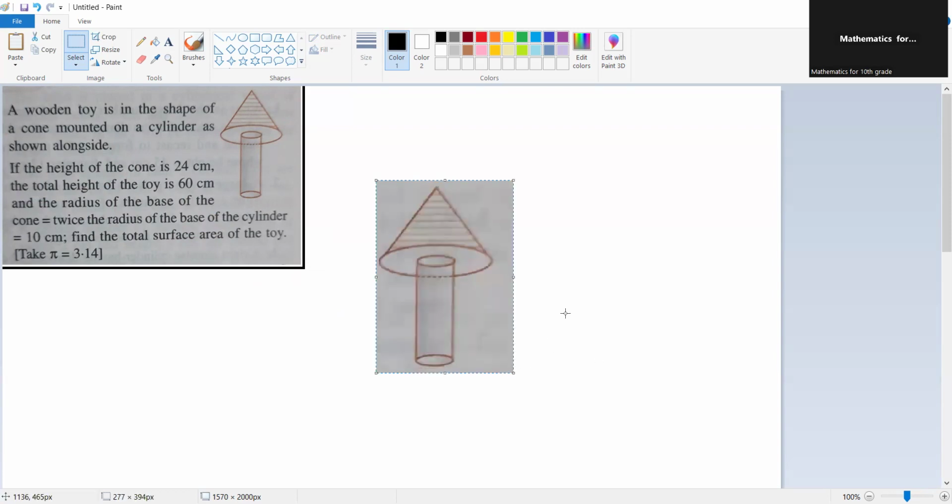Yeah, that's good. So this is a cone mounted on a cylinder as shown here. If the height of the cone is 24 centimeter, so this height is 24 centimeter.